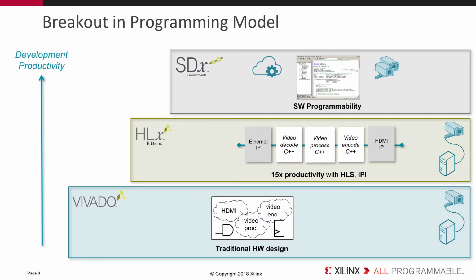This is really one step towards software programmability because you can design your functions and simulate them in C. That's a big thing because if you're doing video processing today, for example, if you want to simulate something like that in RTL, it would take days to simulate, whereas it takes seconds to simulate in C.